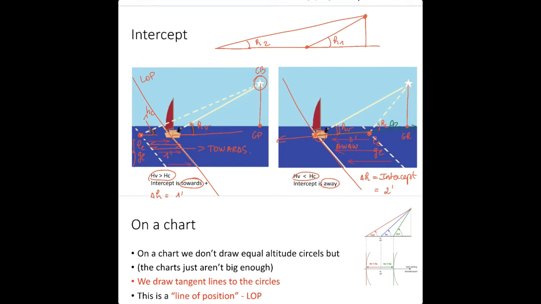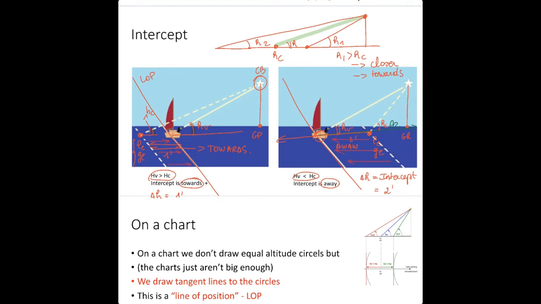So if you have, for example, I will mark this in green, a calculated altitude, which is this one here, and if your observed altitude h1 is bigger than what you have calculated, it means that you are closer. So this means that your intercept should be marked toward.